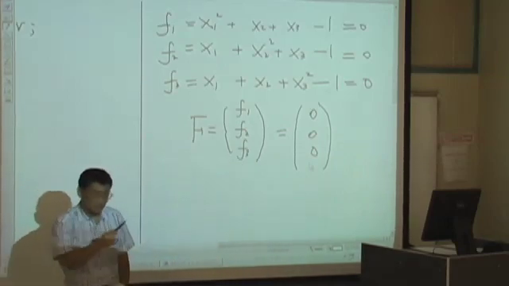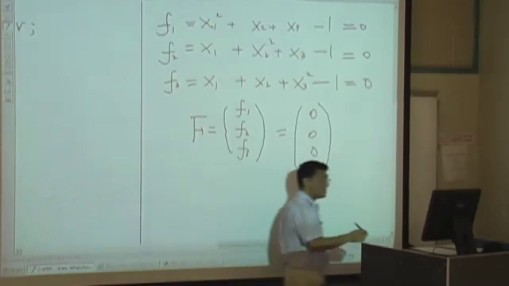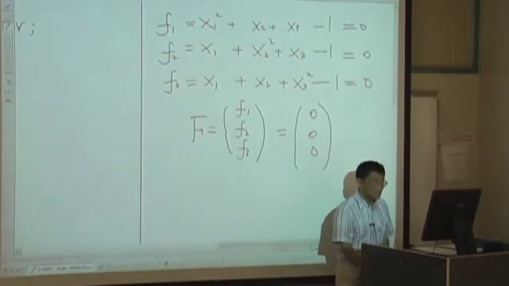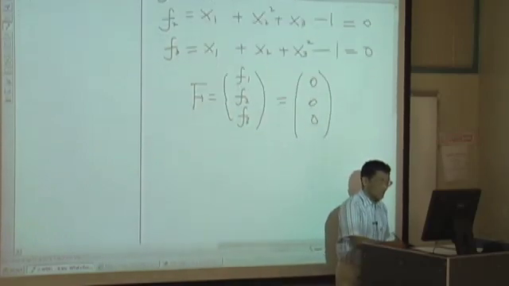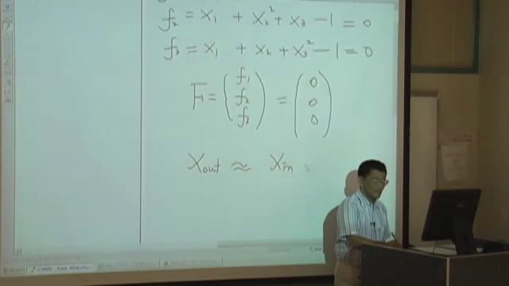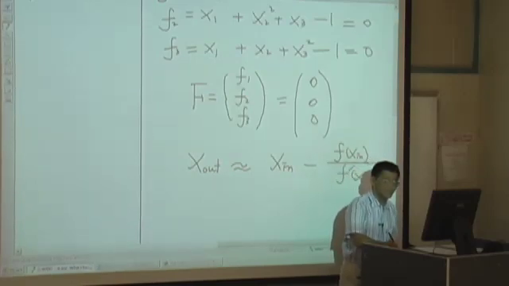So let's briefly review Newton's method. Newton's method said this: x output equals x input minus f of x input divided by f prime of x input, right? This is Newton's method.